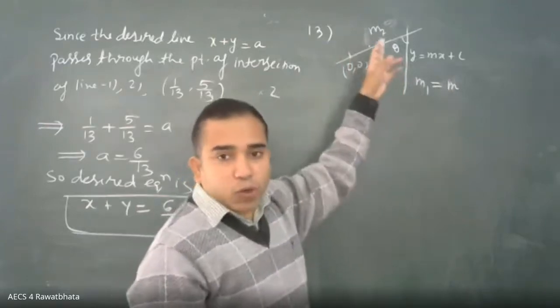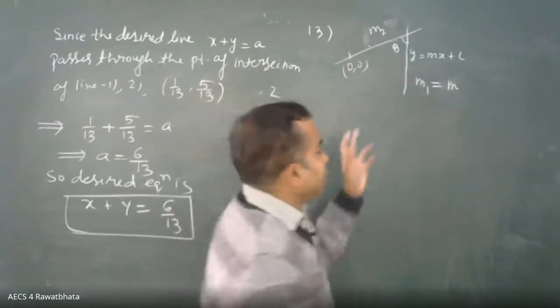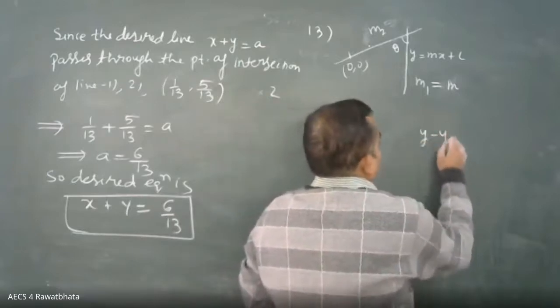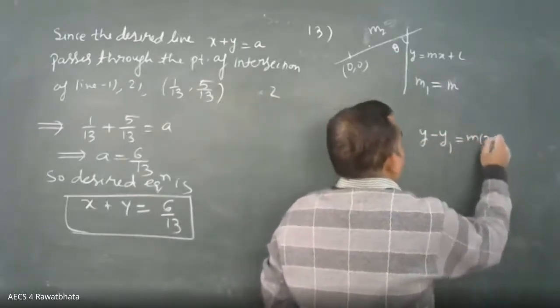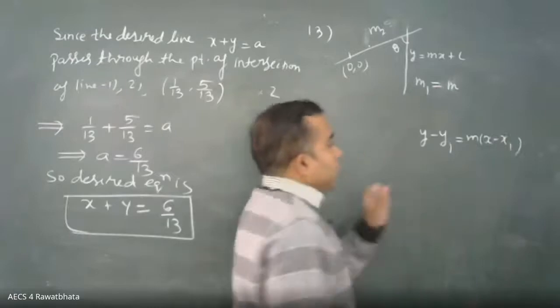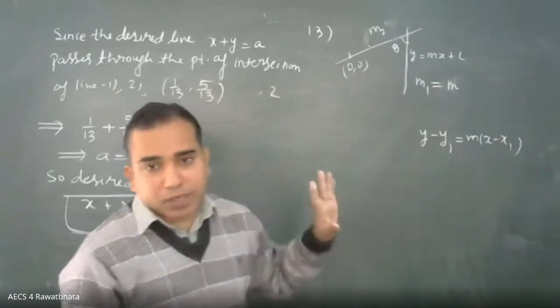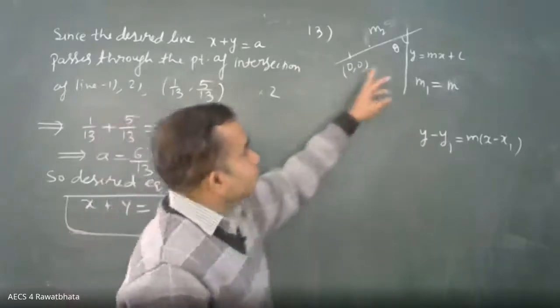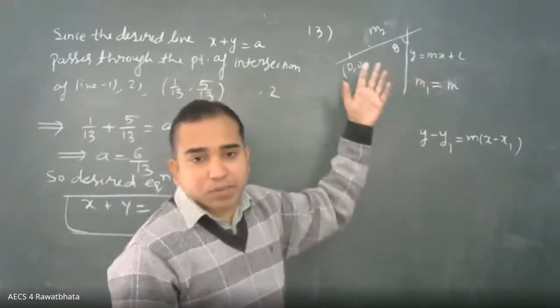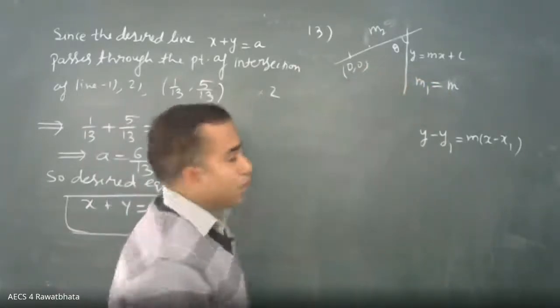If I get its slope, I can use y minus y1, our favorite equation, y minus y1 is equal to m(x minus x1). This will become the equation of our desired line, with x1, y1 being 0 0, only m to get. So to get m, let us use the tan theta formula for the angle between two lines.